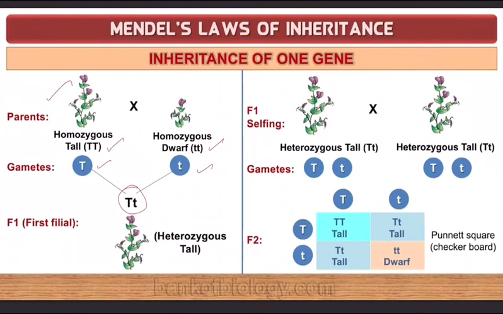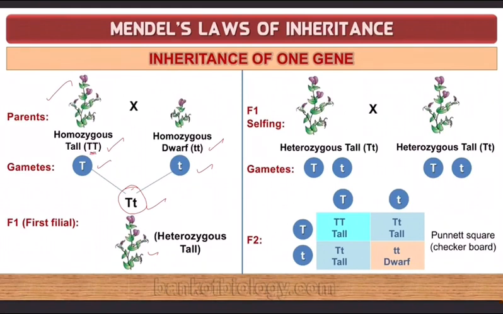When the cross has taken place, the gamete coming from this plant is capital T, and from this plant is small t. The two gametes fuse together to form a zygote, and the zygote becomes an embryo and is going to become a plant.